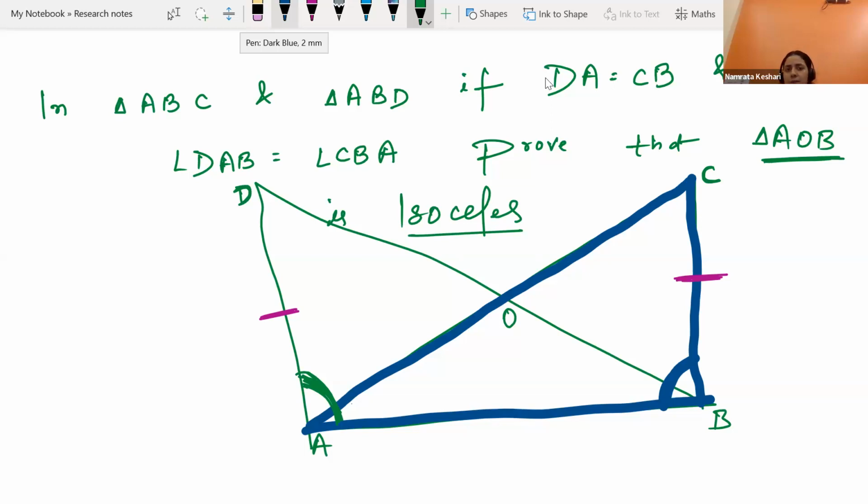ABC and ABD, which are given at first. Think about it, the blue triangle ABC and the green triangle. If we will be able to prove that these two triangles are congruent, is it possible to show that AOB is isosceles?